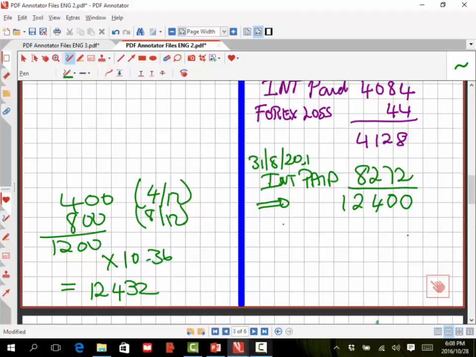So now you can do your calculation. The amount of interest repayable is now 12,432, and the difference between that and what we stated is the 32 rands.